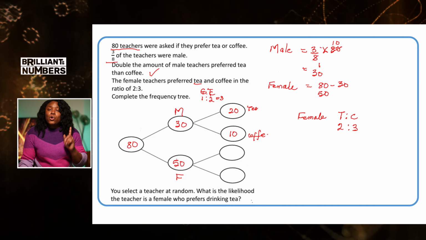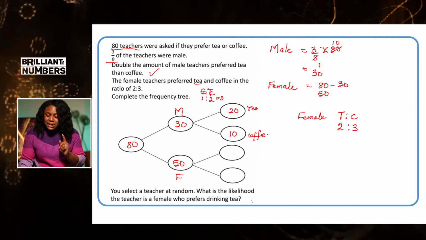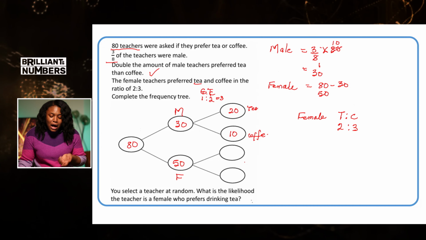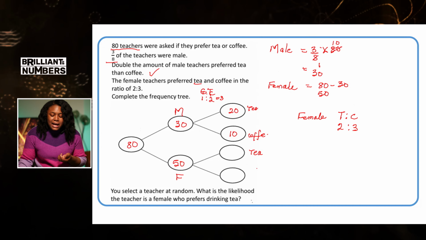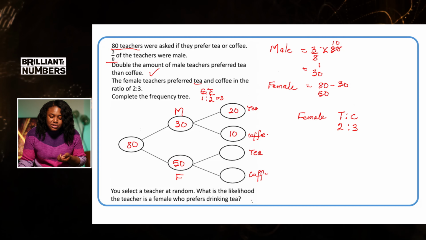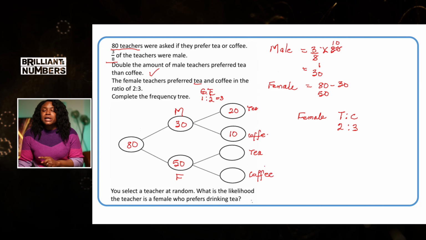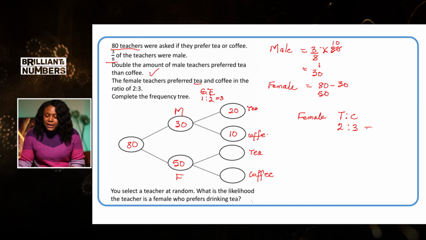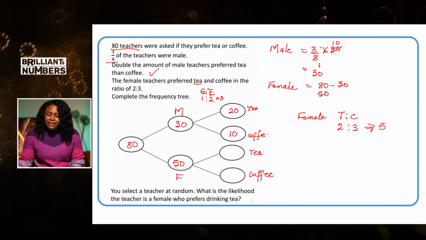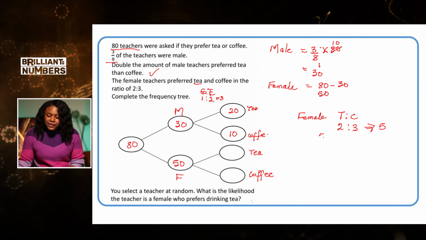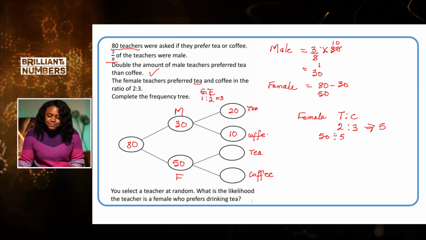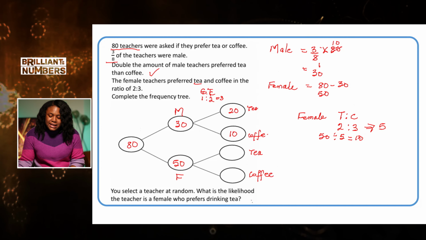And we know all of the females are 50 altogether. So we need to find out how much will be tea for the females and how much will be coffee. So let's just write that there on our diagram and then work it out. So adding these two ratio parts together, we get 5. So therefore we need to do 50 divided by 5, and that gets us to 10.